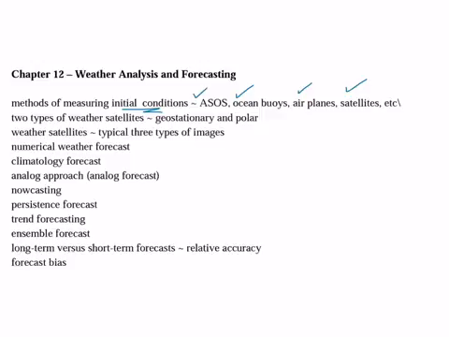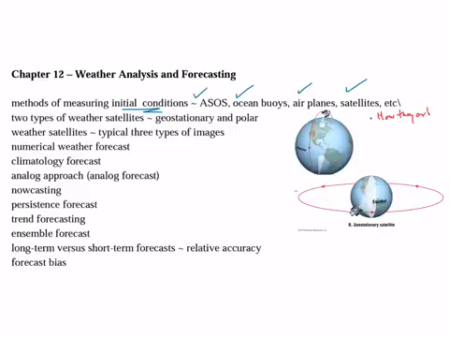So for initial conditions, we talked about ASOSs, those automated surface observing systems. Ocean buoys are great. Airplanes are great. Satellites are great for giving us initial conditions. Two types of weather satellites: we have geostationary and polar.